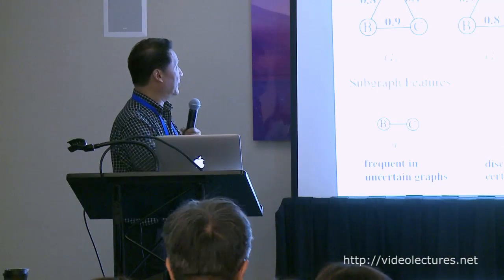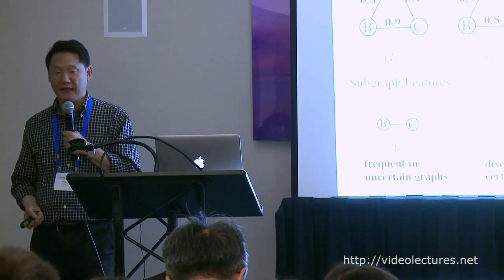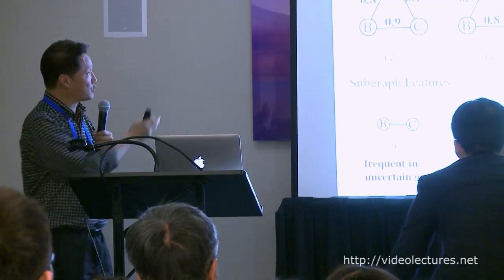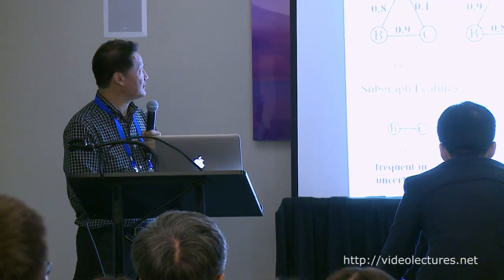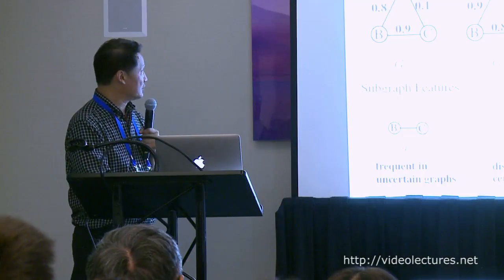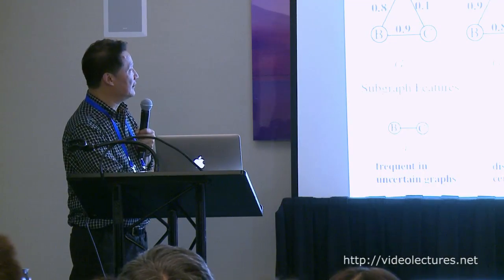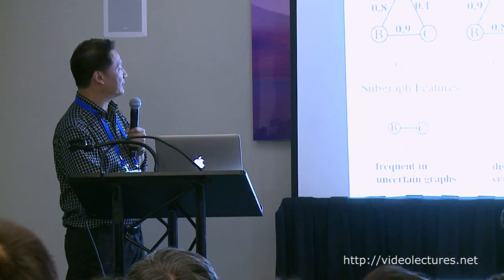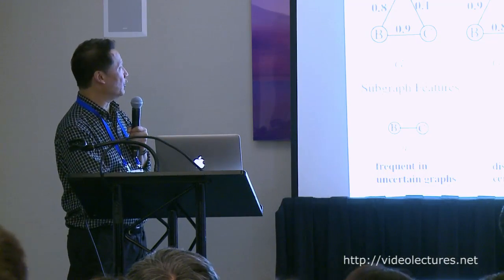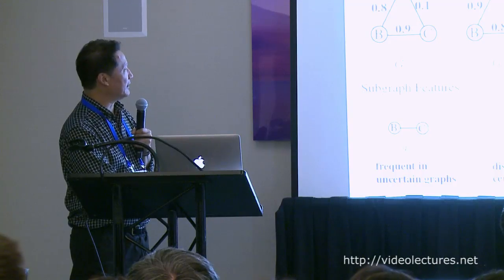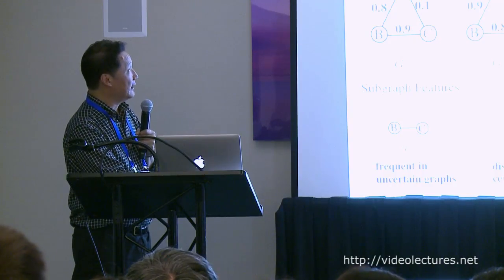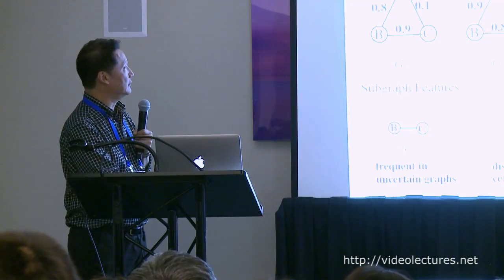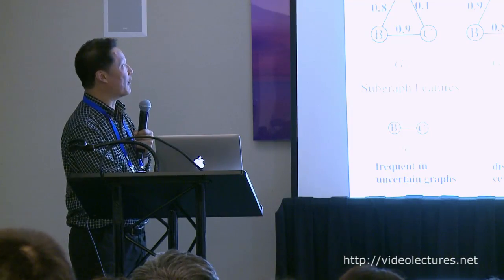Okay. But what does it mean for a discriminative feature to appear in an uncertain graph, right? For example, now we have these four different uncertain graphs. So how about this feature BC? BC appears in both positive and negative labeled graphs, so it is a frequent subgraph, right?